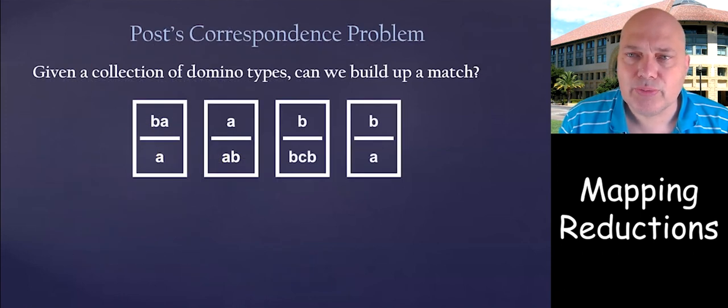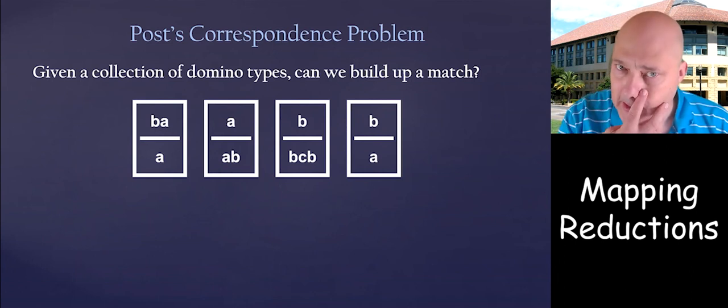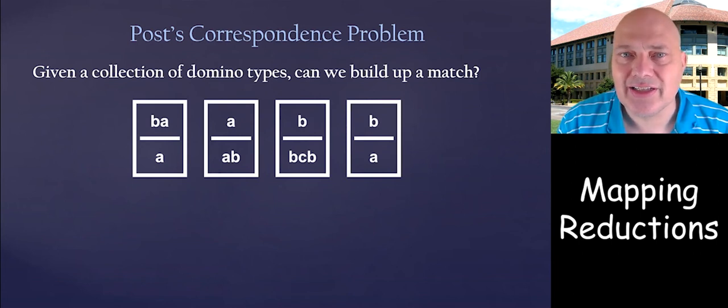All of the problems that we discussed were about computation, and I want to give you a sense that not all problems look like or directly apply to computations. So here is another problem, the post correspondence problem.